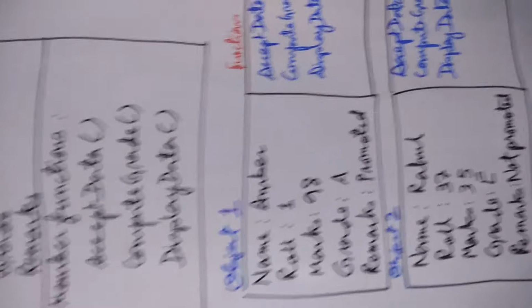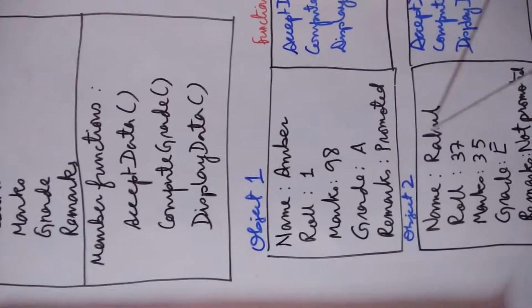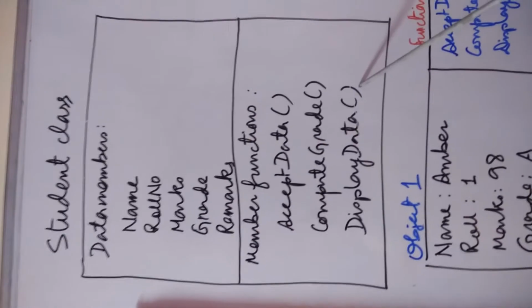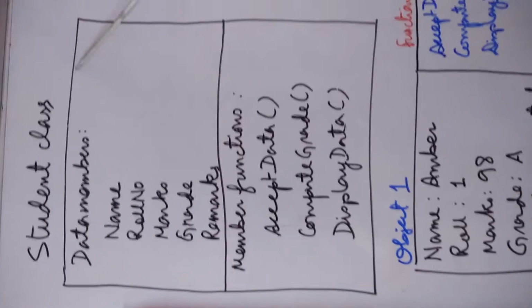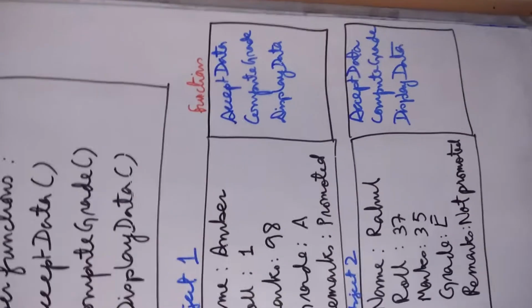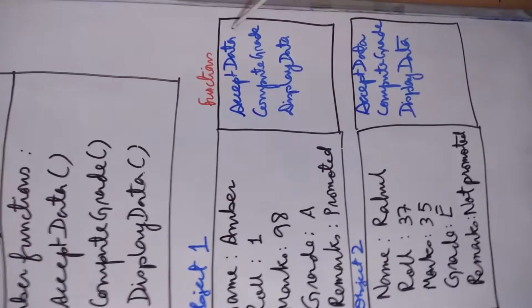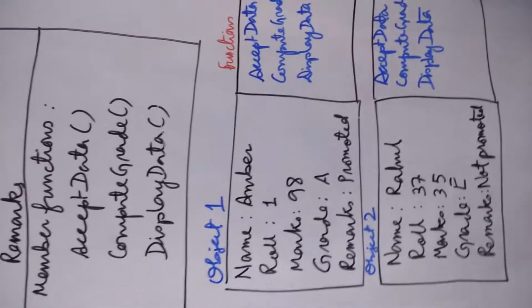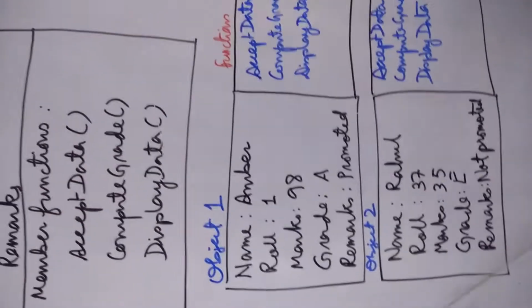This is the model of encapsulation as well as abstraction. This is encapsulation, data and functions together in one unit as a class, and this is abstraction for the user. This part is accessible. When we call these functions, we get the result, while the rest is hidden in the background.